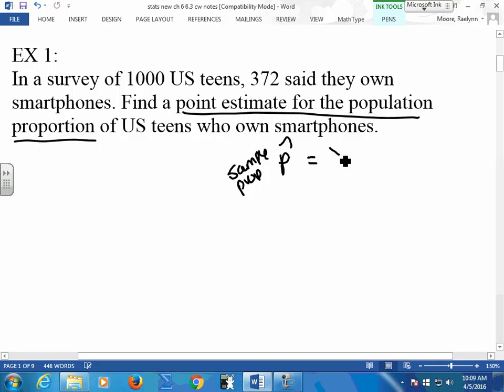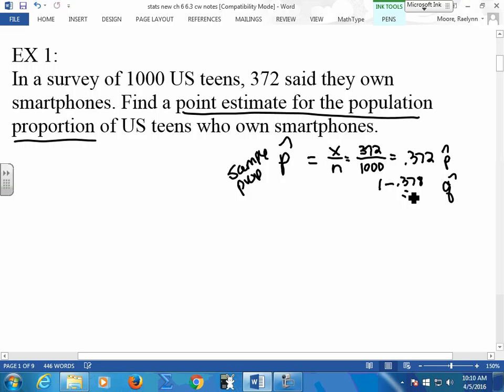We do part over whole. So out of 1,000 U.S. teenagers, 372 said they own a smartphone. Just set it up like this, and so therefore 0.372. This is your P hat. To find Q hat, you're doing 1 minus this.